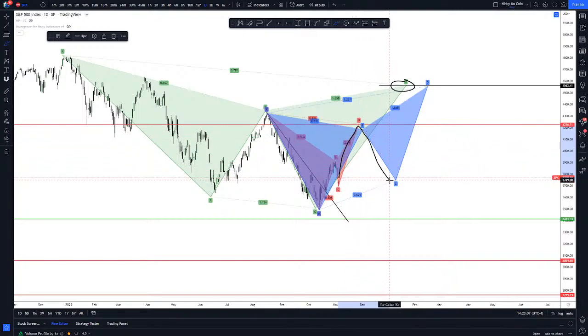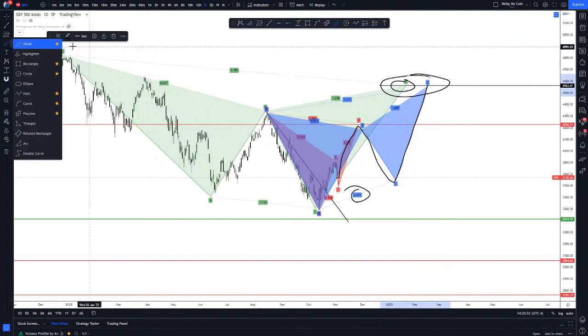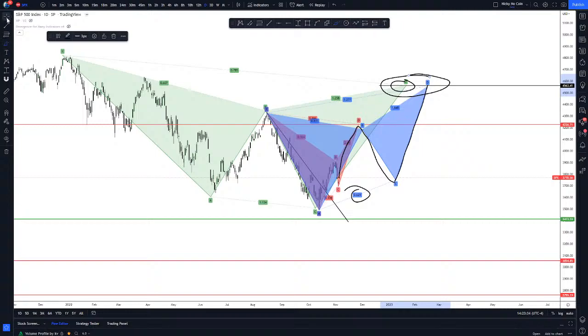This could go to your target of this red harmonic, reverse at the golden pocket, which is your 618, and then create a bearish butterfly, and that bearish butterfly is going to line up with your cipher as well. So you have a double resistance harmonic at your D point. It's kind of predicting, but I do that sometimes just to see how price would move and how it will move.